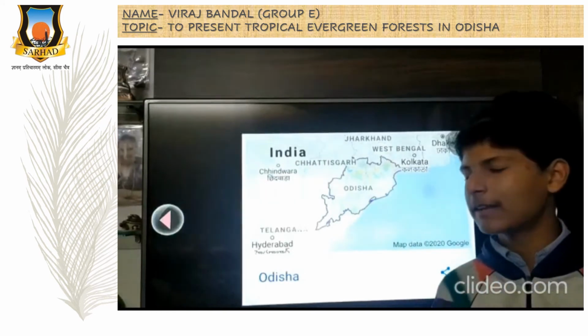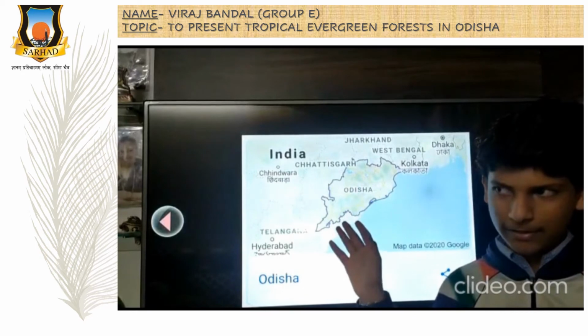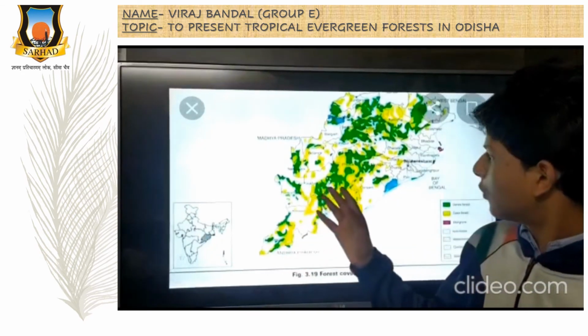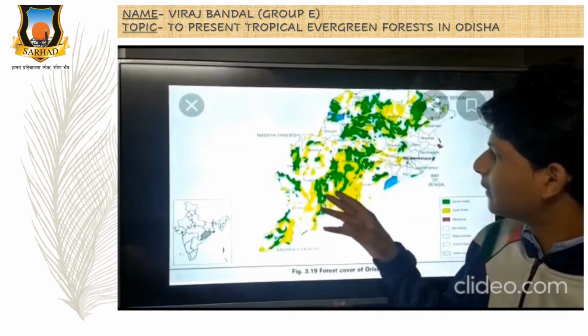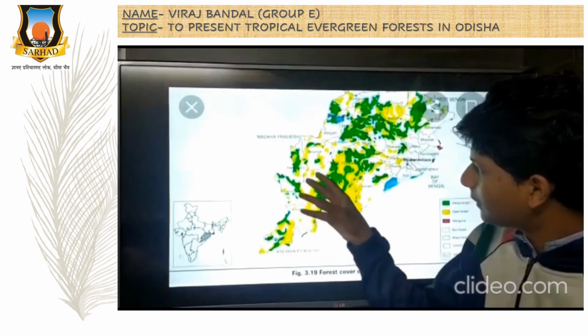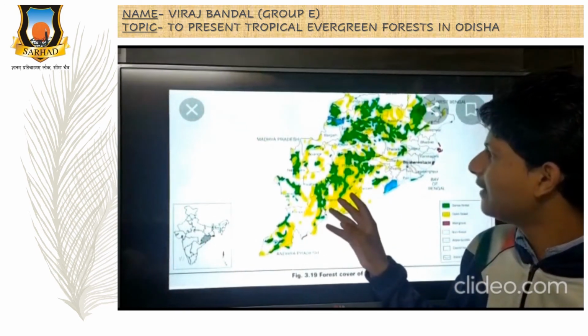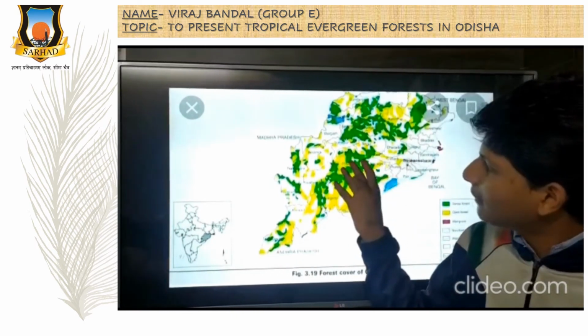So we can see the state boundaries of Odisha in the map. We can see the geographical map of the state of Odisha, and the yellow regions are covered by the deciduous forest, and the green regions are covered by the evergreen forest.